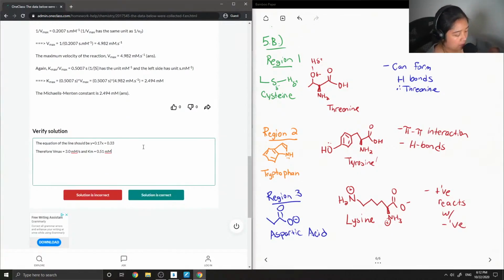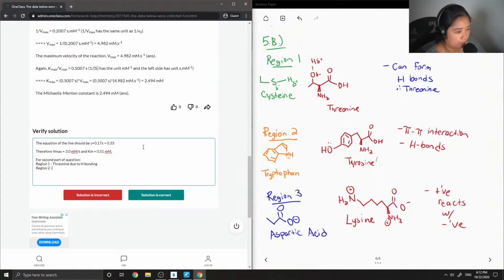So I'm also gonna write this down. For the second part of the question, region 1, threonine due to H bonding.